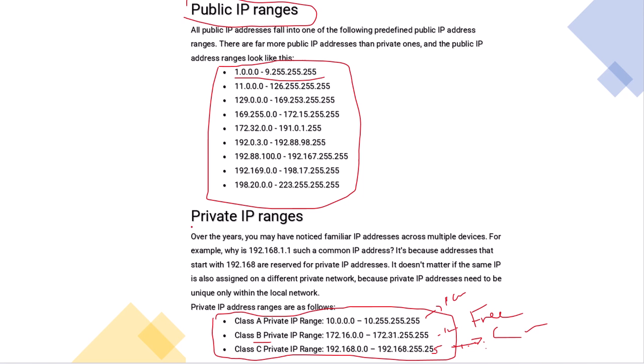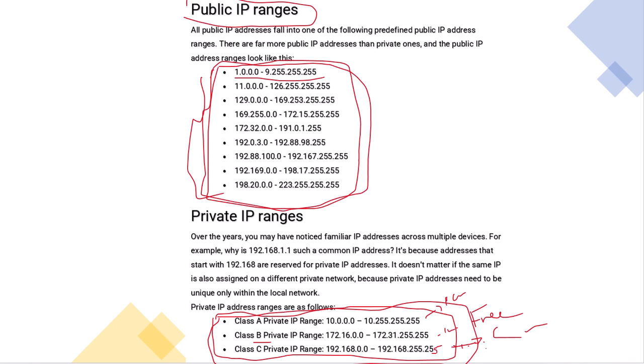When this traffic goes to the ISP, at that time we need public IP ranges. You don't need to remember these, because apart from the private IP addresses, all the other IPs are public IP addresses. If you know the private IP addresses, then automatically you know the public IP ranges as well.